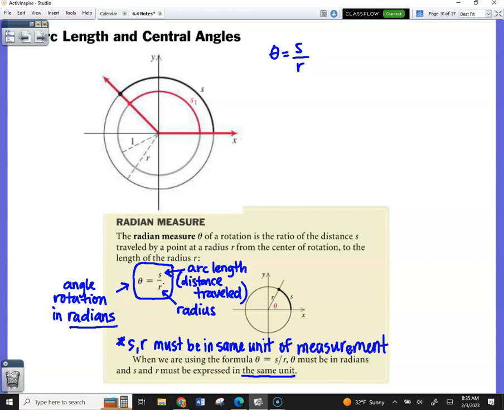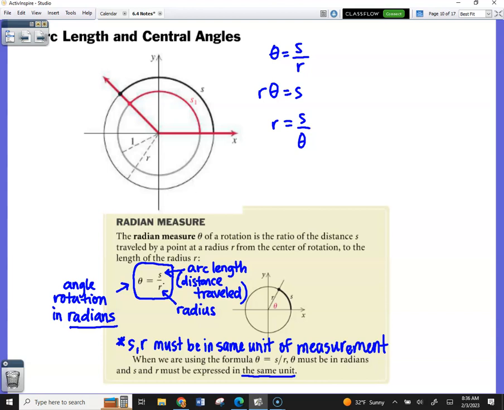So if I cross multiply the R over here, I would end up with R theta equals S. I'm just manipulating it right now. And if I wanted R by itself, I would divide by theta. So R is S divided by theta.